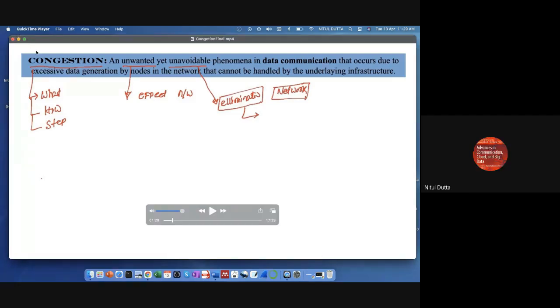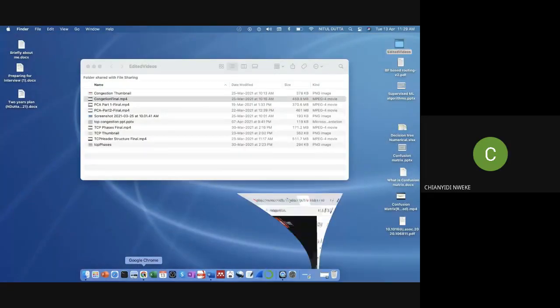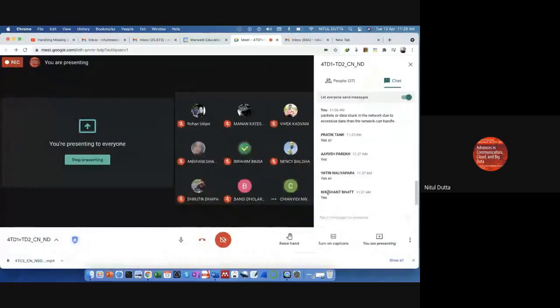Sir, are you presenting your screen? Because from my end, it's not visible. Can anyone respond? Is my screen visible to you? Yes, it's visible. Okay, I think Chiandi, maybe the problem is at your end. Can you verify once? Okay, I'll try to leave the meeting and join again. Yeah, do that, and let me know whether you can see my screen or not.